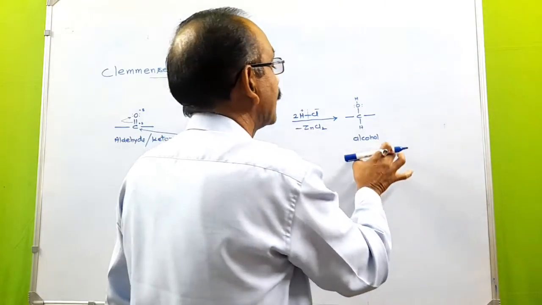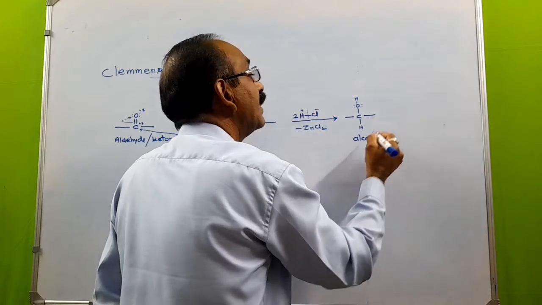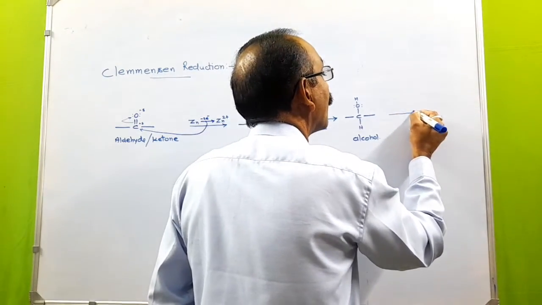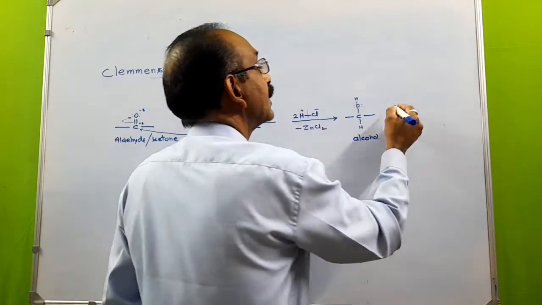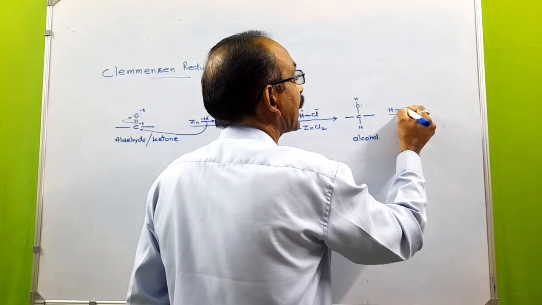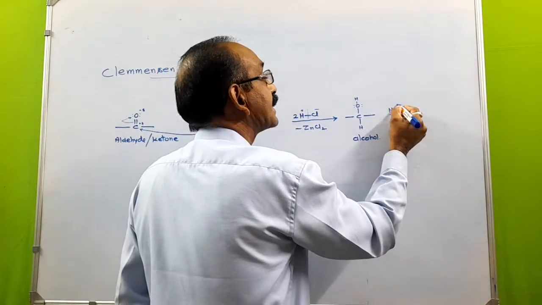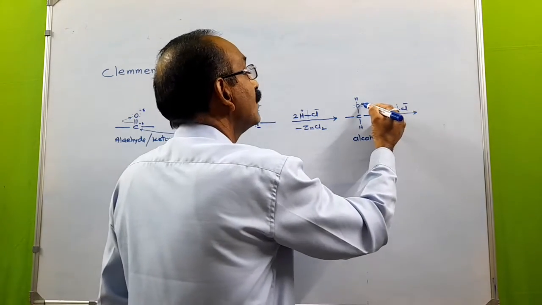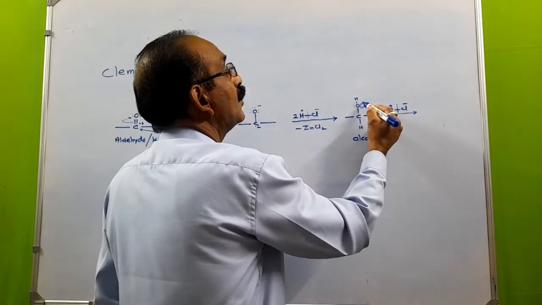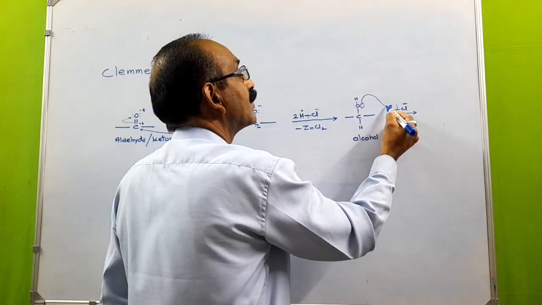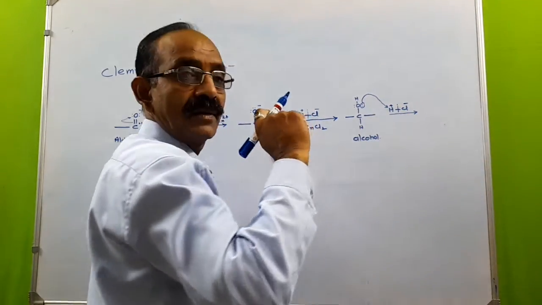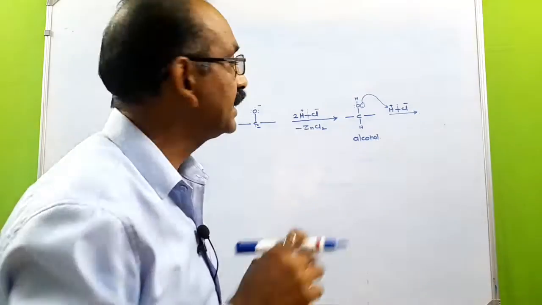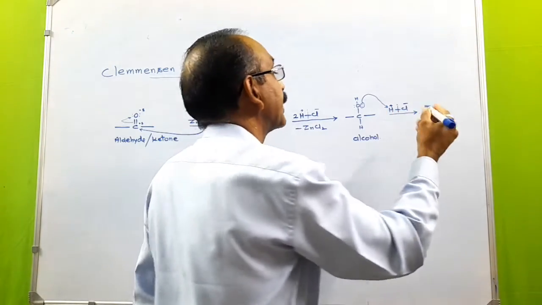Now the alcohol thus obtained will get protonated. See, in the medium we are taking HCl. So HCl will dissociate forming H plus and Cl minus ion. Now the lone pair of oxygen will be donated to the positively charged hydrogen. Means we'll say the alcohol will get protonated.